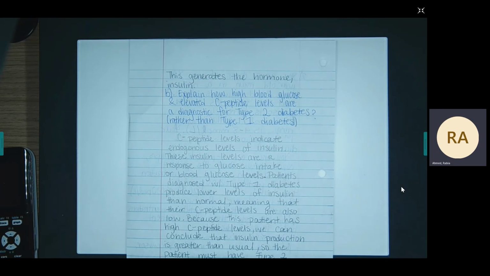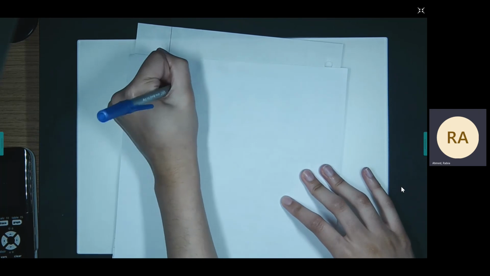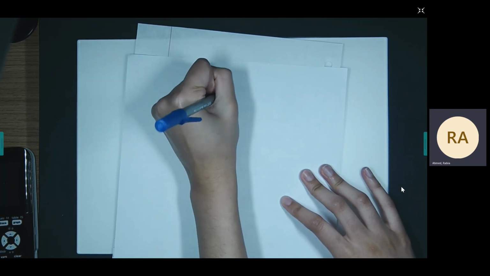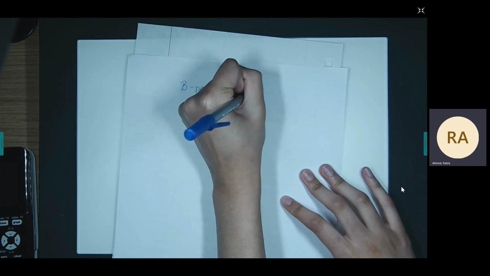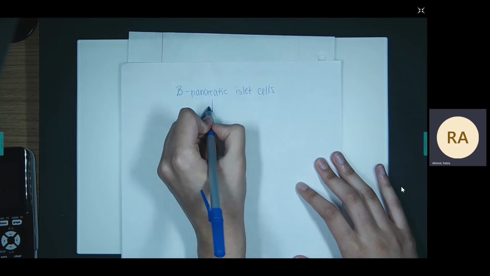Do you guys want me to draw a little chart of the steps of what I just explained, the concepts? So for 1A, you're supposed to know that beta pancreatic islet cells release proinsulin.